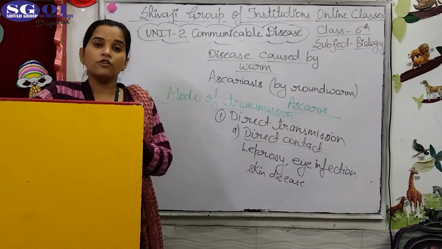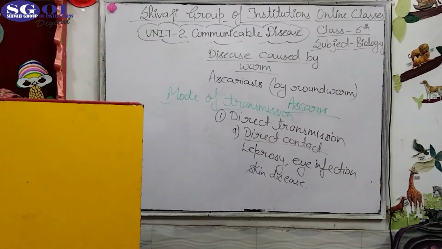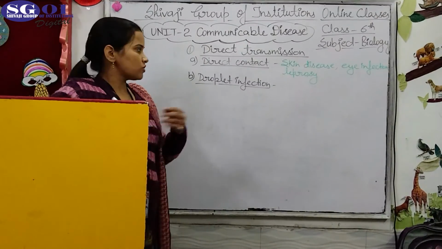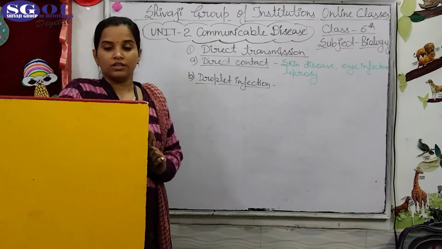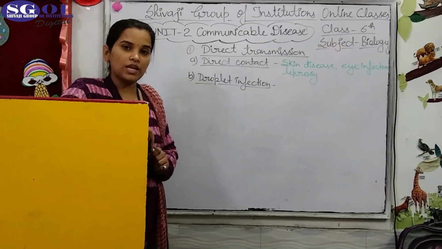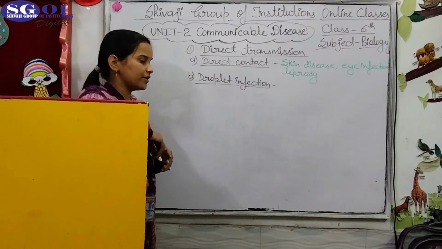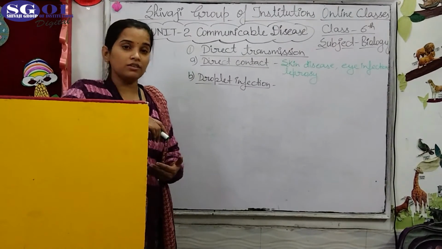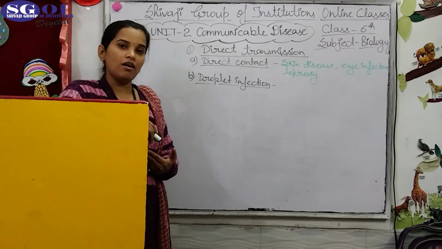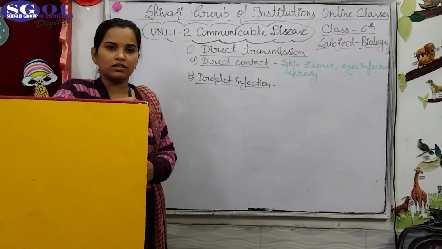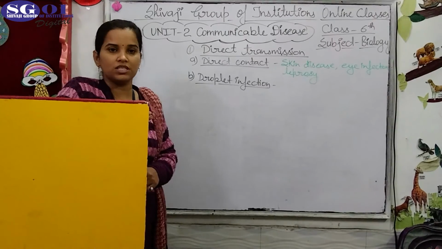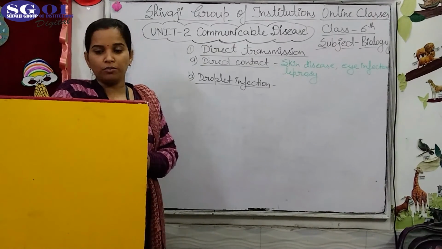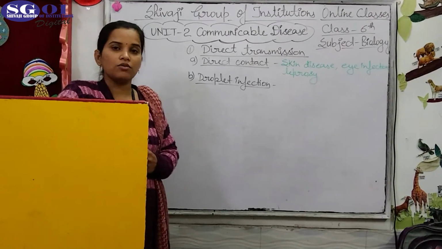Next is the droplet infection. The direct spray of droplets of saliva during coughing, sneezing, speaking, spitting. The bacteria and the organisms which cause a disease, pathogens, are transmitted from one person to another and cause a disease.